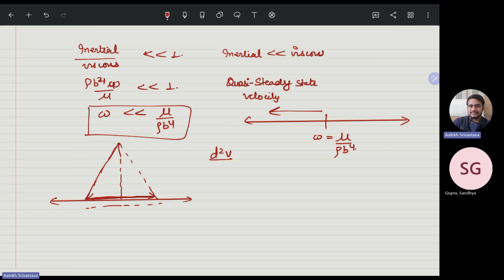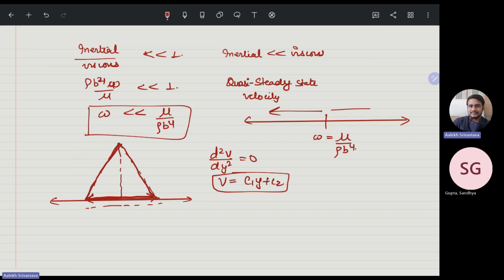Because the inertial term has been dropped out, this is equal to 0, and the velocity is a linear velocity profile. That means with y the velocity is linear for any instant, and it is to and fro motion, and for any location it is a linear velocity profile. So that is the meaning of dropping of the term and mu.